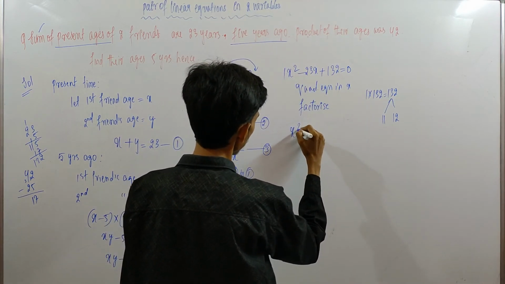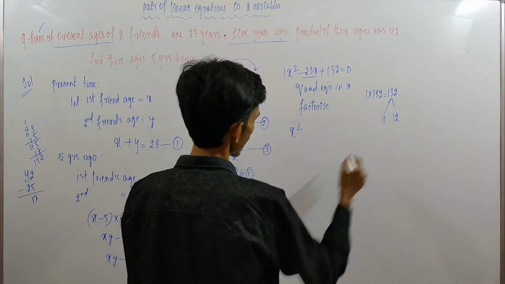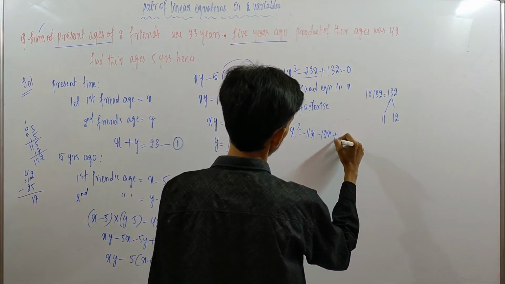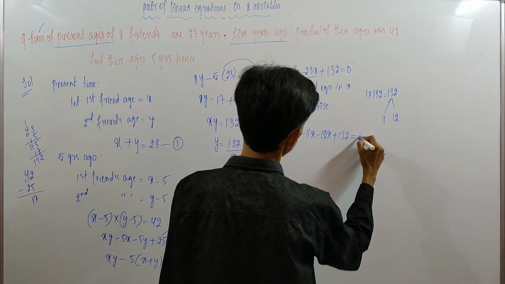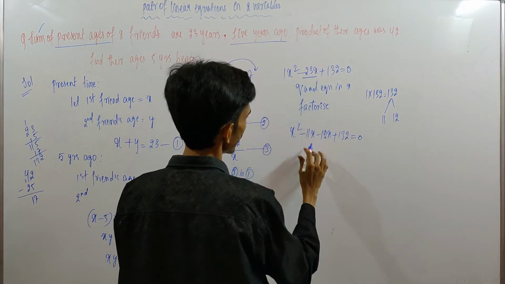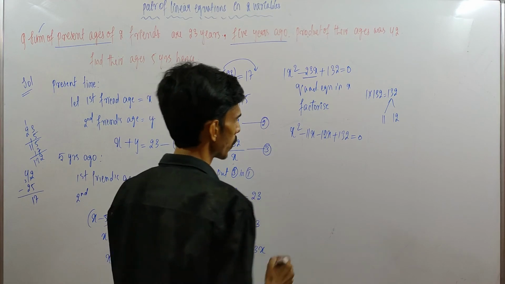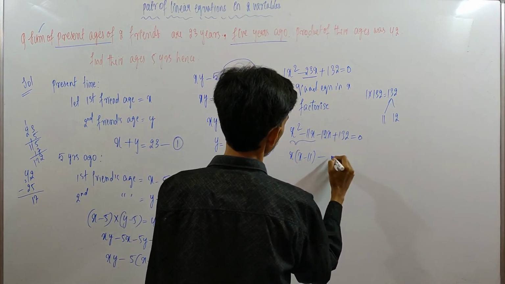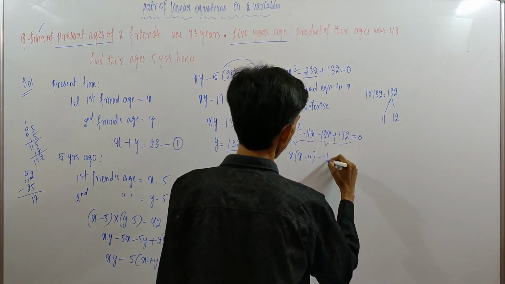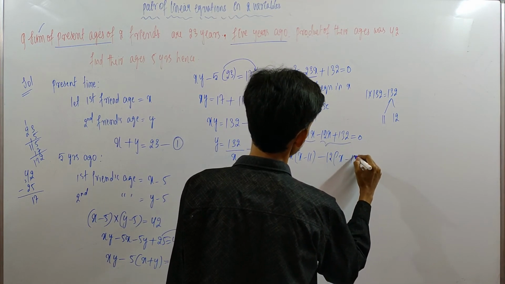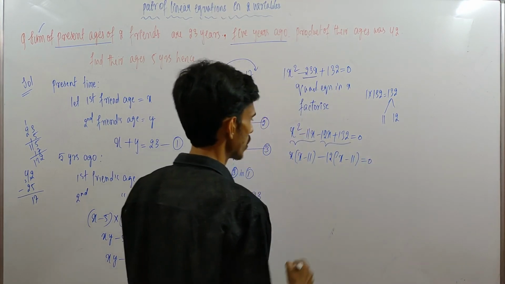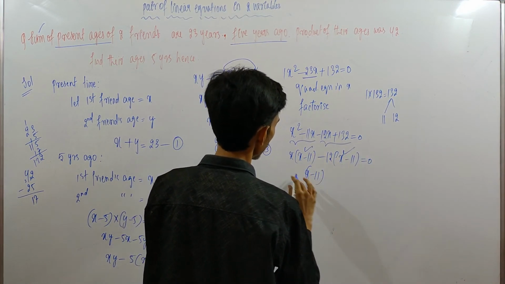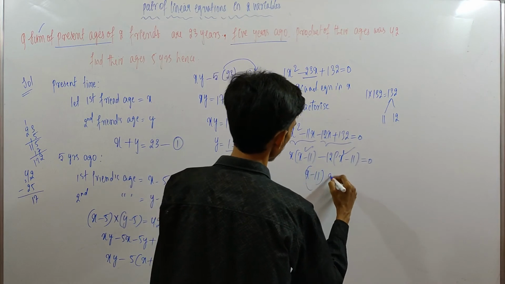So x square, this 23 can be written as 11x minus 12x plus 132 as it is. Now take x common from here, we have x minus 11. Take minus 12 common, we have x minus 11. These two are the same, take common x minus 11. We are left with x minus 12.